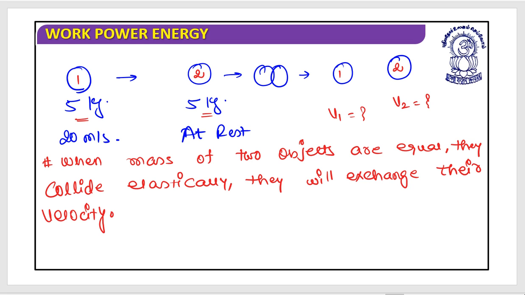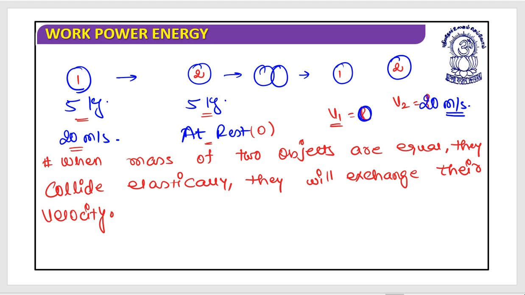So when they exchange velocity, v1, which was 20 meter per second, and the second body at rest, which is 0 meter per second, will swap. So my first object will come to rest, and the second object must have a speed of 20 meter per second. Their speeds have been exchanged.